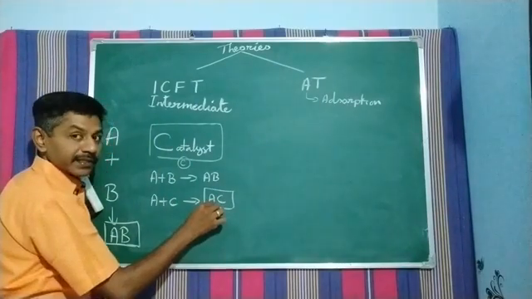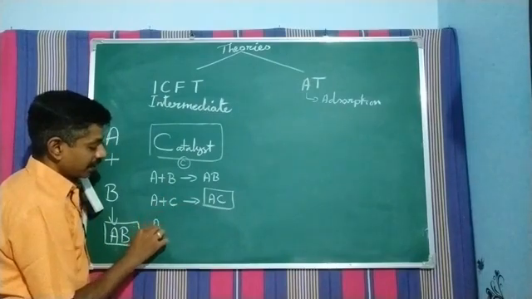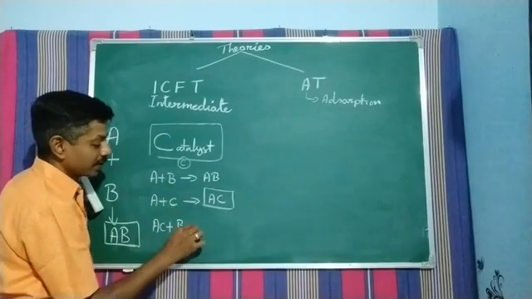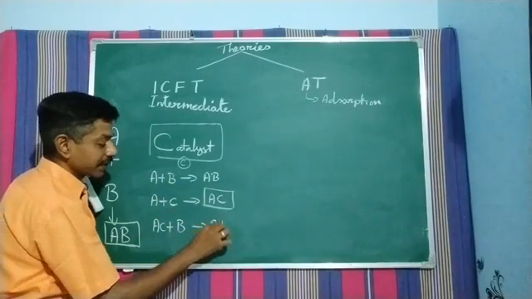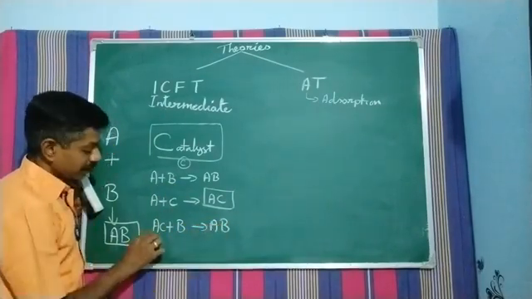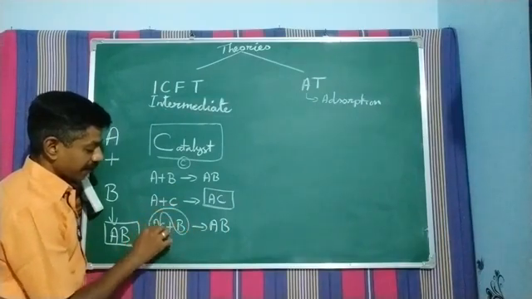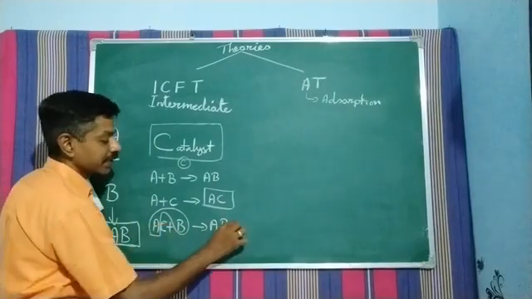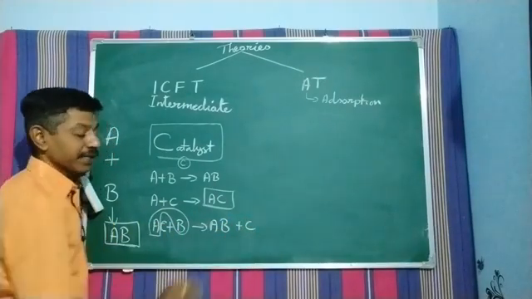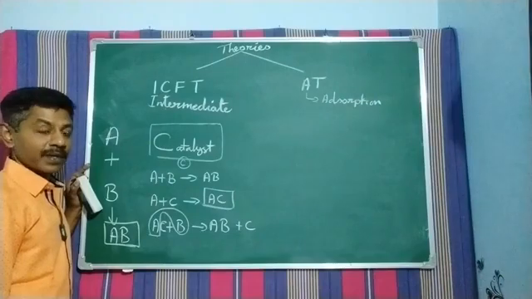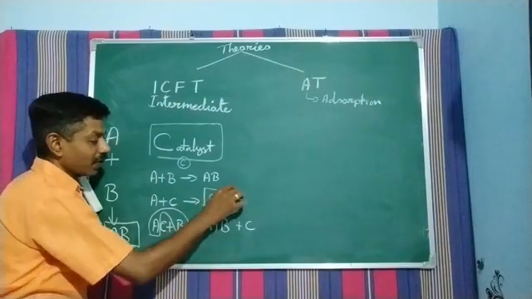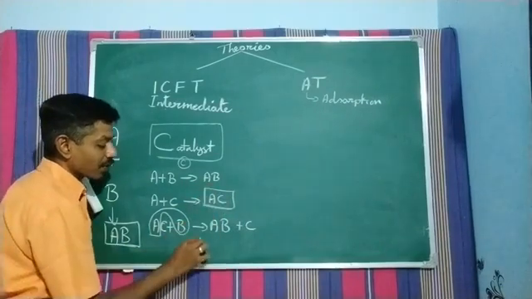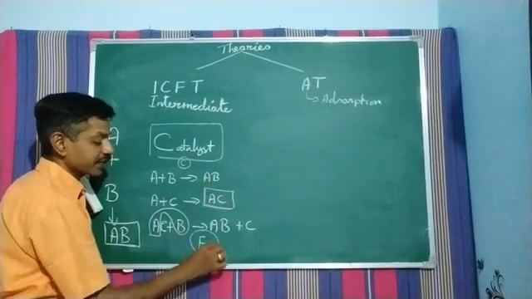This intermediate will react with one more reactant B to form the product AB. See, this A and B will react. The catalyst is now not important for us. The catalyst can be regenerated.